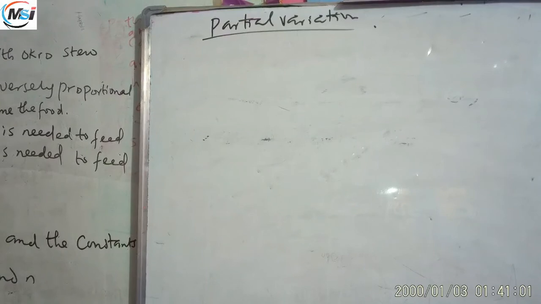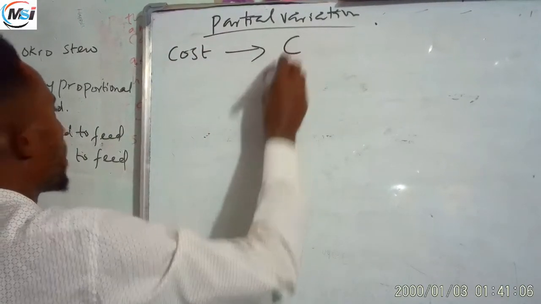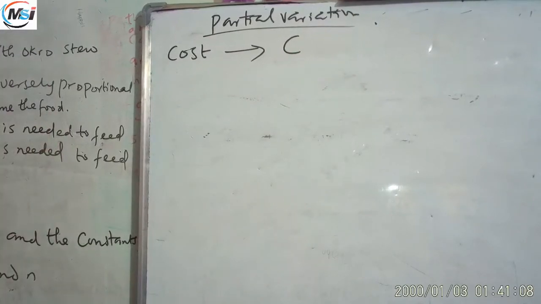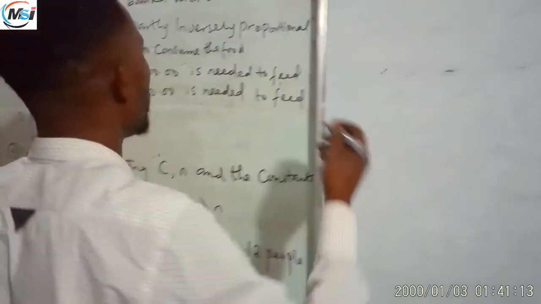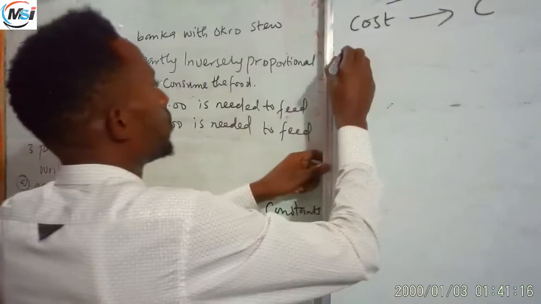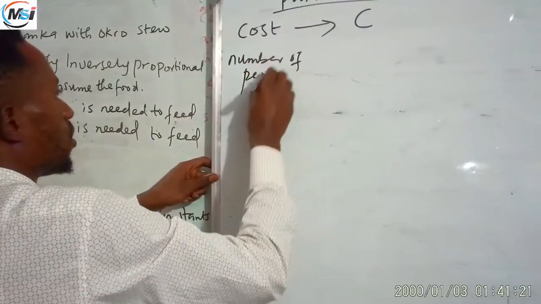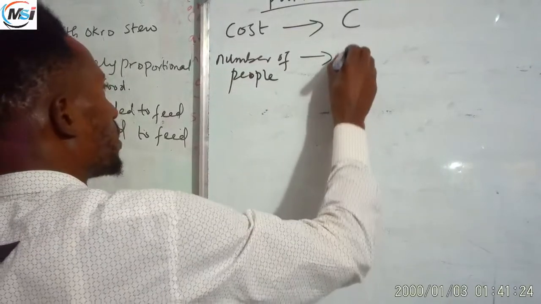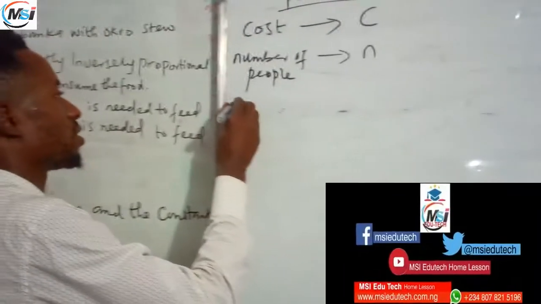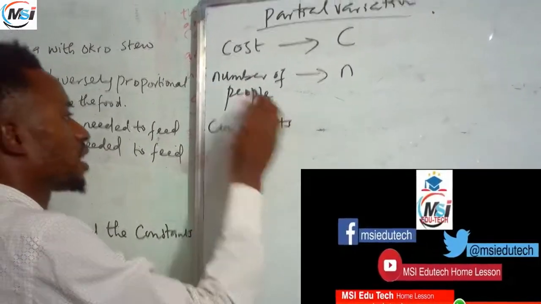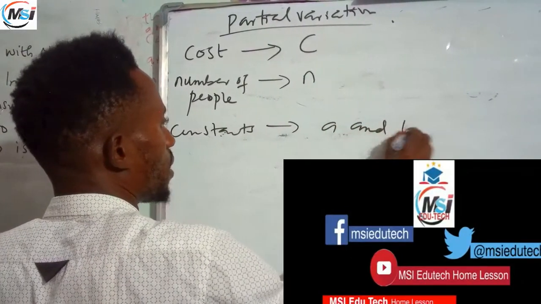Cost in this place will be represented with capital letter C, because of this given, and the number of people will be represented with small letter n. Okay, and the constant, so we can use any constant of our choice. Let's say constant A and B.